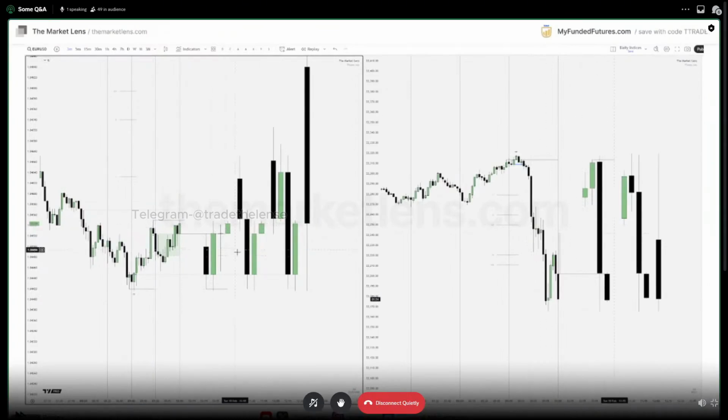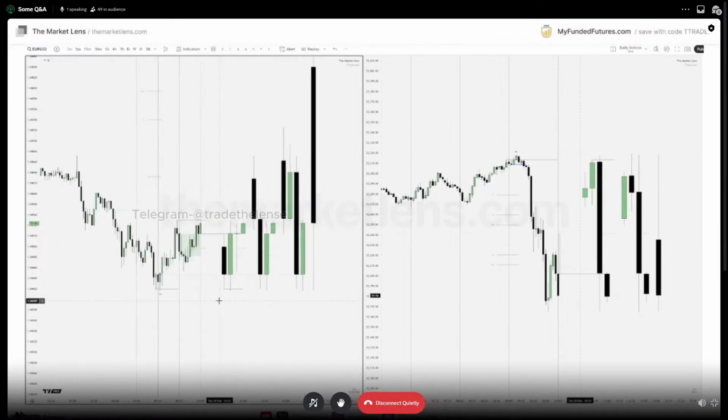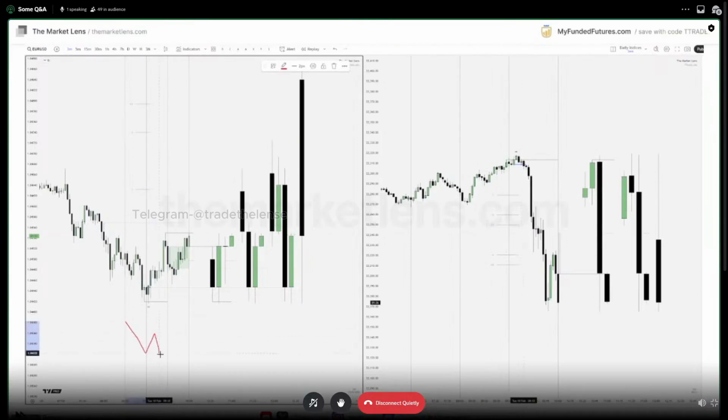Like that's one of your targets, which is like the candle 2, which is a little bit weird. So I don't really like this structure in here. Like it is just a bit messy, right? Like my favorite structure is just that, right? And if you look here, we have that down.